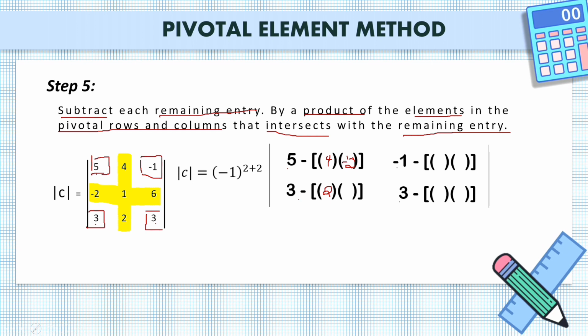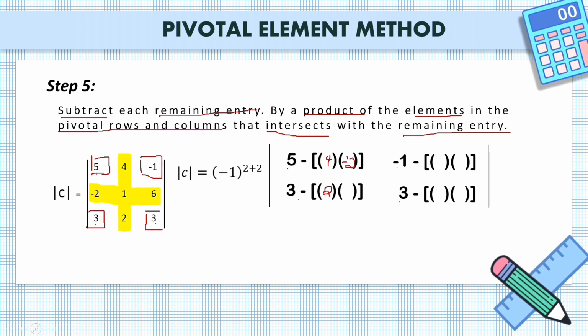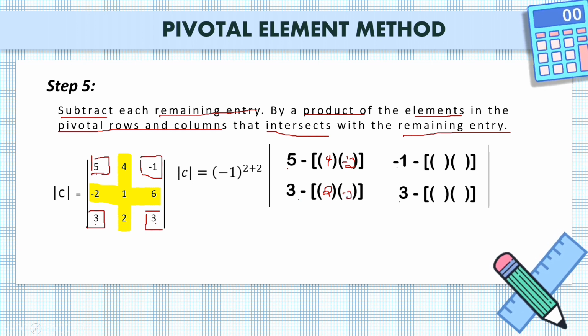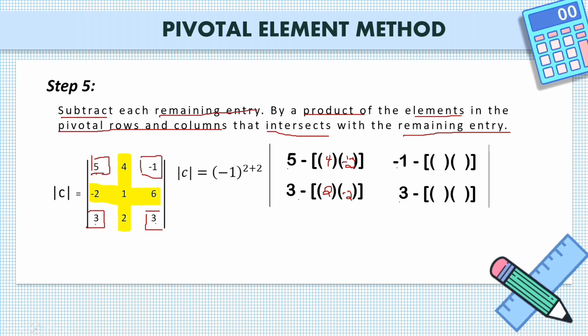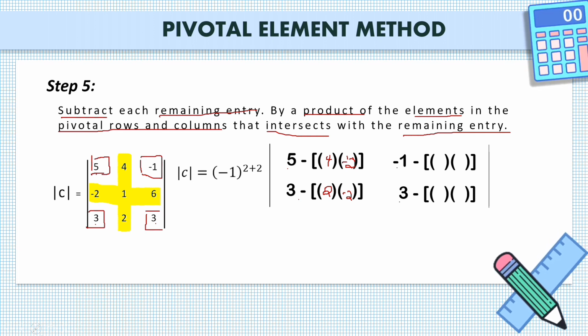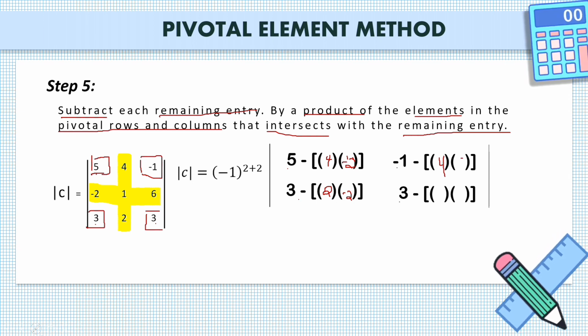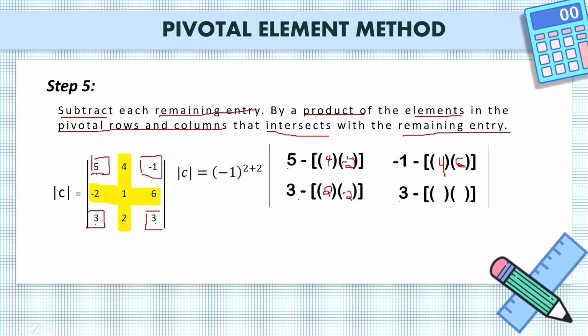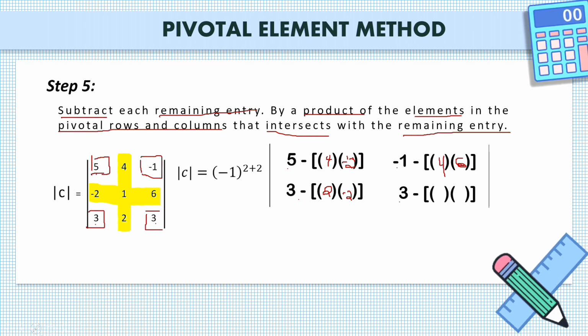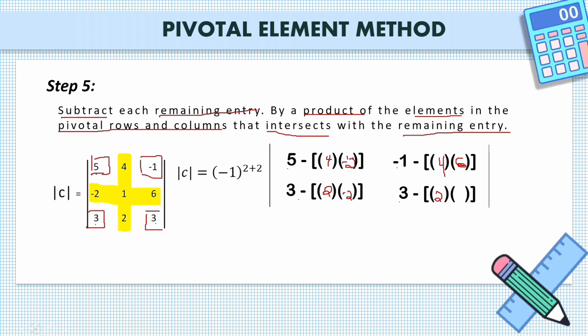Sa taas niya, negative 2. Ayan. Okay, negative 1 naman, 4 and 6. Ayan, 6. And sa 3 naman ulit natin, it's 2 and 6.